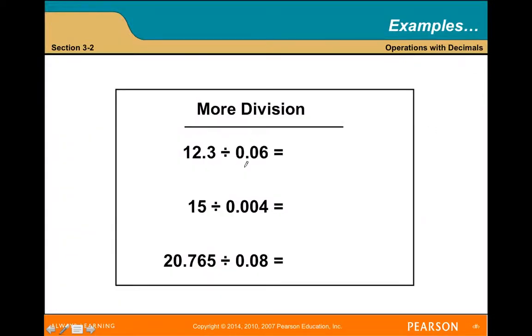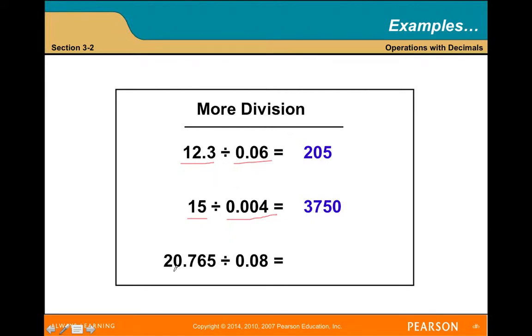So here's some more division problems. 12.3 divided by 0.06. The answer is 205. Next we have 15 divided by 0.004. The answer is 3,750.